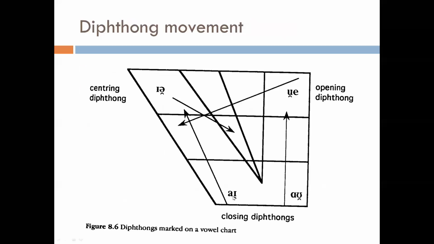Let's say for I, you can say this part is longer, and that little I at the end is really short. That would be a falling diphthong, where that first part's longer.